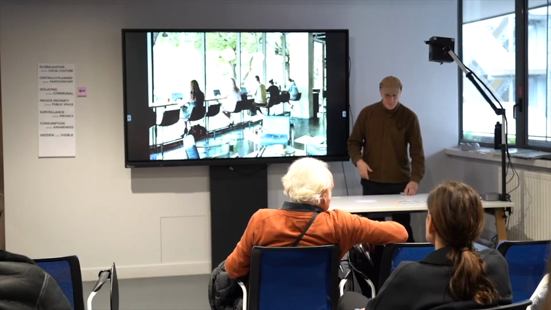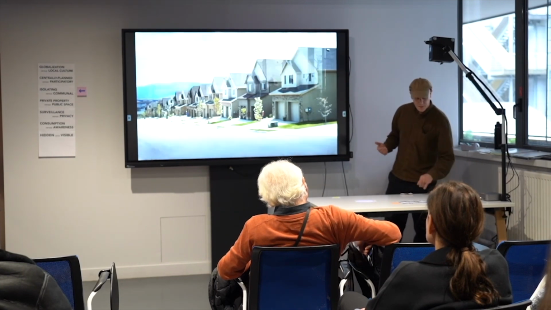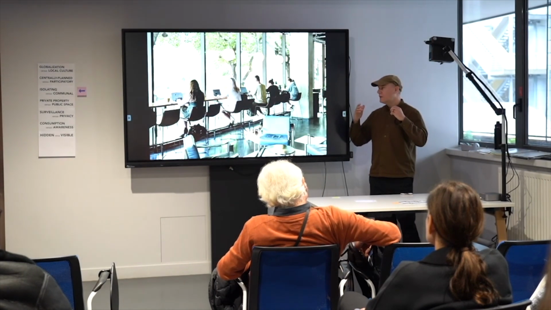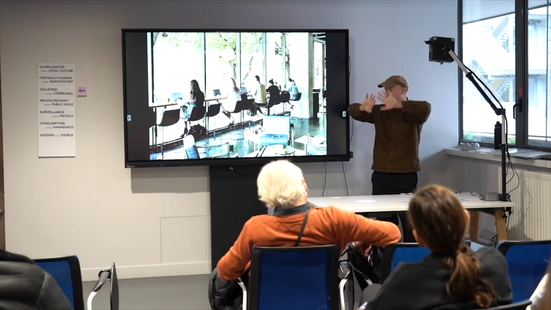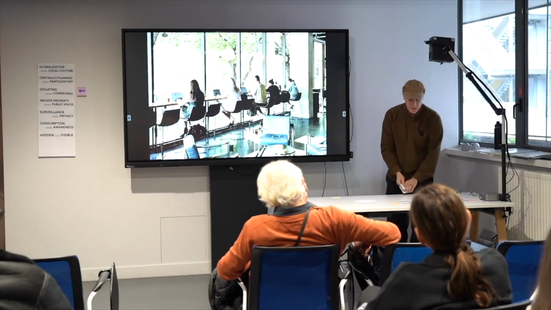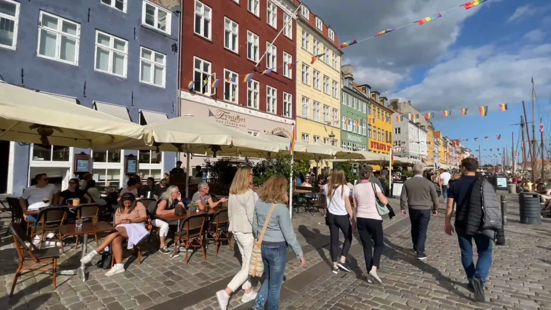The people here and the people here might be very social people, but the technology is structured in such a way that it's inherently isolating, that it inherently pulls them apart. And so we can contrast that with an environment such as this. This is New Harbor in Copenhagen. This is a different approach to housing.